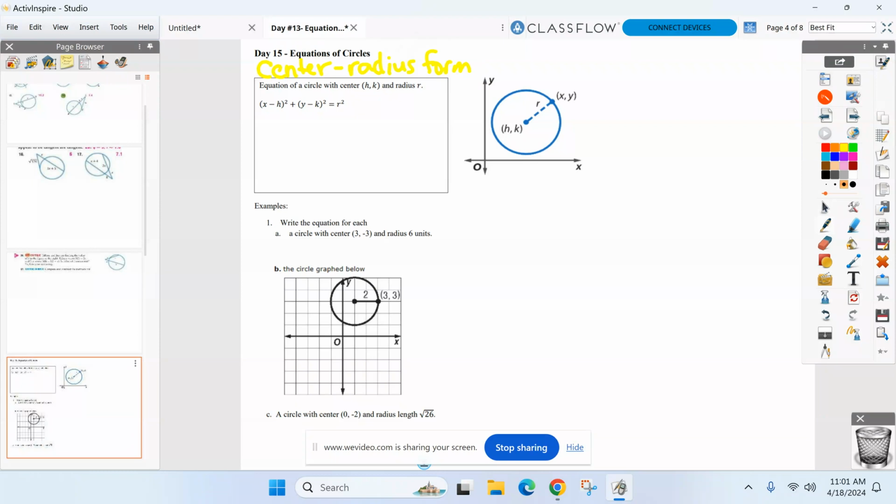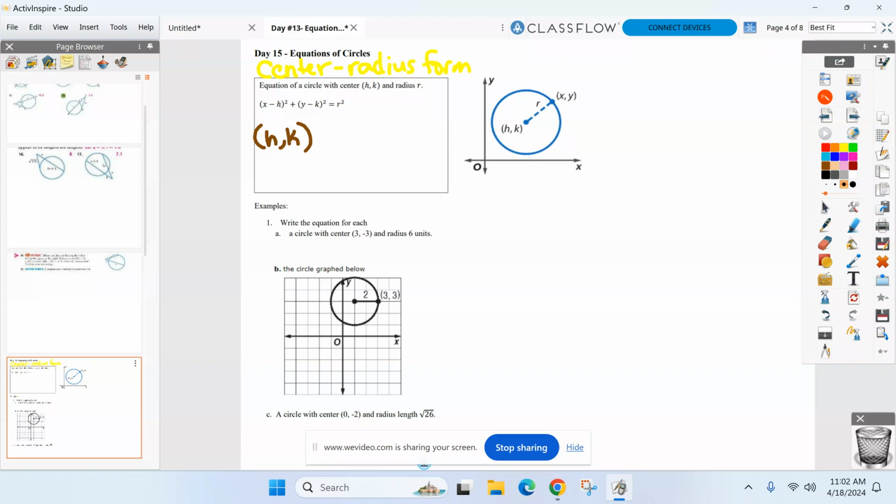Why is it called center radius? Because it will provide you the center and the radius. Remember, you had 3 numbers you plugged in? You plugged a number in for h and a number in for k on your calculator, right? You put both of those together, they form a point.